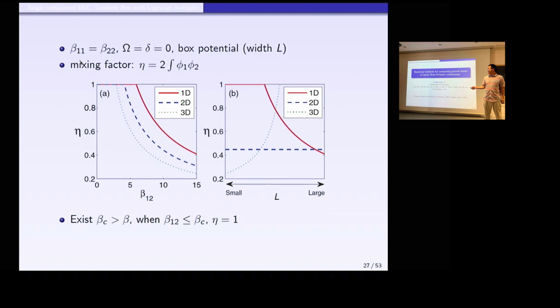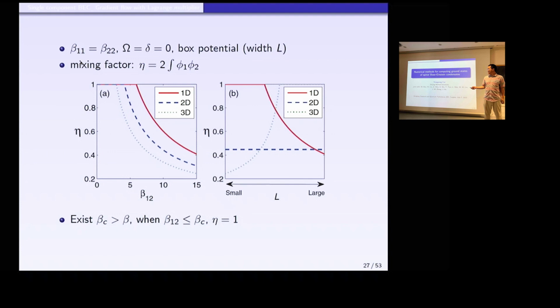But if we consider a box potential, then the kinetic energy comes into play and tries to suppress the separation of the two phases. Here in 1D, 2D, and 3D, in the homogeneous case, as long as beta 12 is positive, the two components will be fully separated.